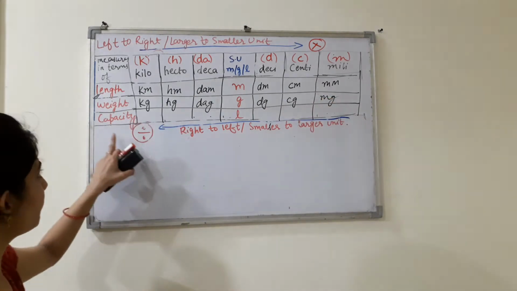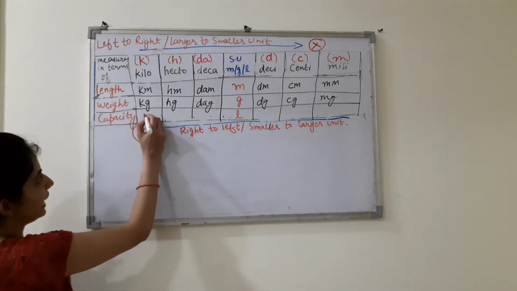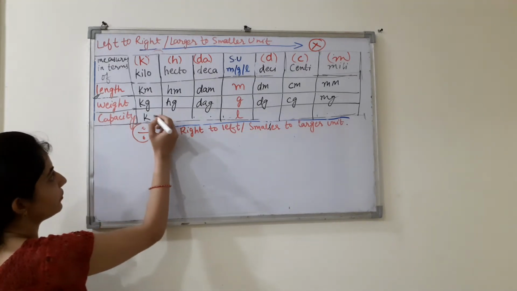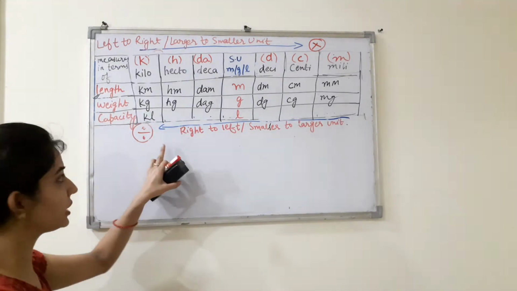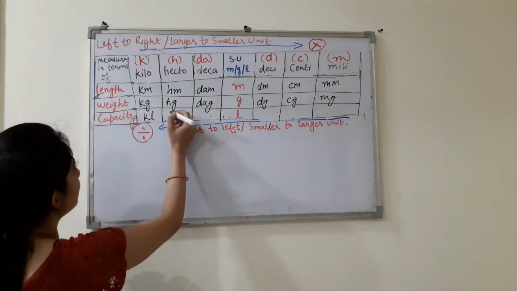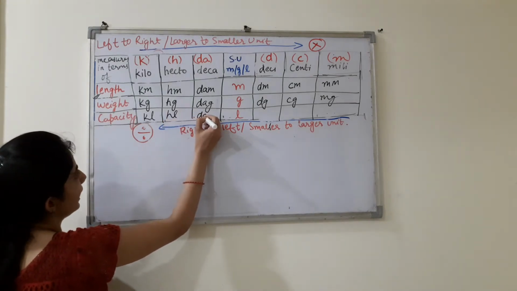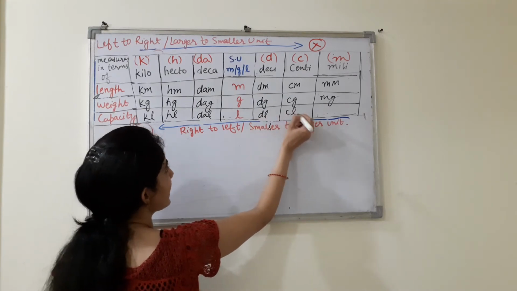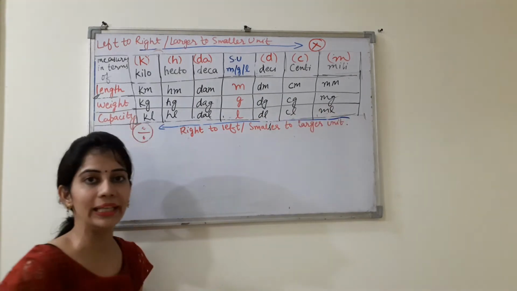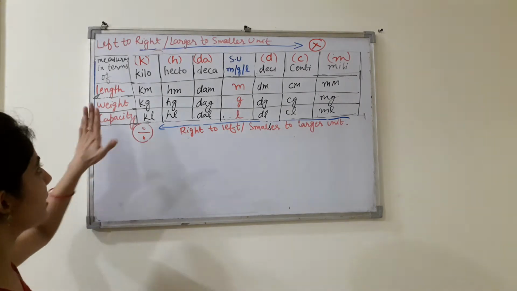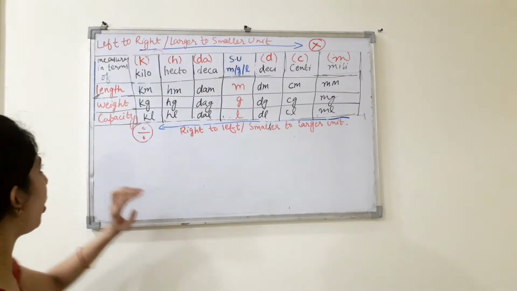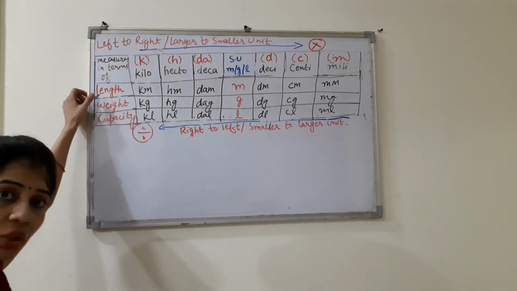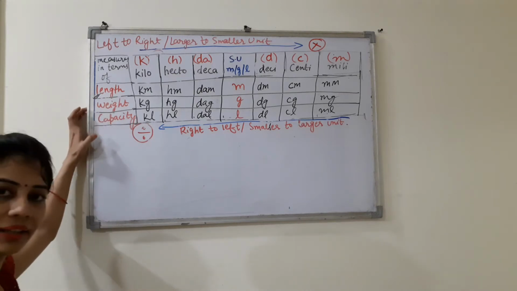Right? And same with capacity. So K is common. L we will add with kilo. So it will be kiloliter, then hectoliter, then decaliter, then liter, then deciliter, then centiliter, and last is milliliter. Right? So these are the units to measure length, weight and capacity.